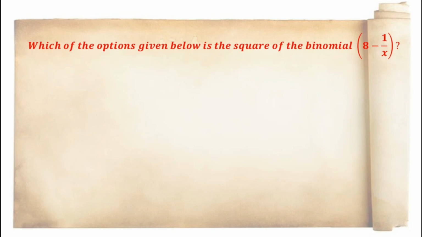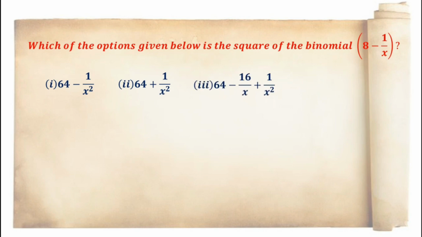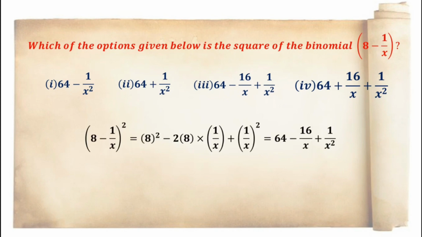Okay, so here is the option: 64 minus 1 upon x square, 64 plus 1 upon x square, 64 minus 16 upon x plus 1 upon x square, and 64 plus 16 upon x plus 1 upon x square. Okay, like this.